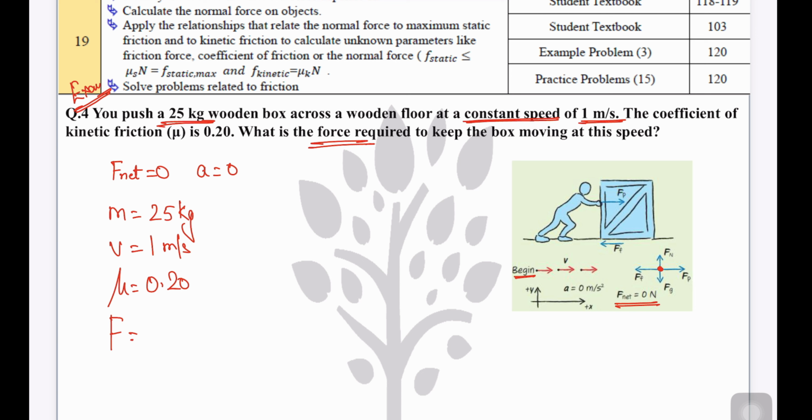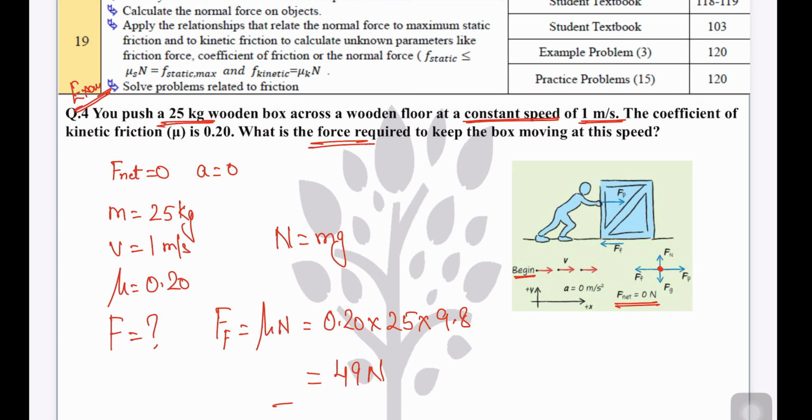What are we looking for? We are looking for force. Force of friction equals mu times N. Mu is 0.20 and N is mg. M is 25 times 9.8. Yes or no? Solve it. What is the value? The value is 49 Newtons. Is it fine?